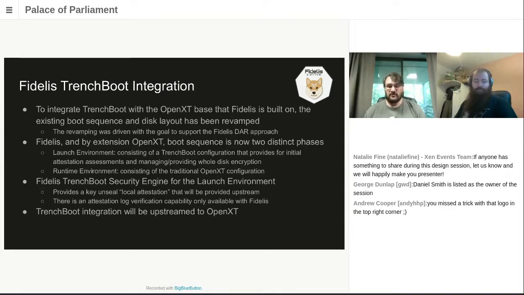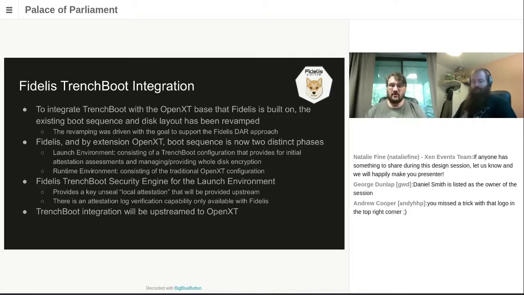Trenchboot has the concept of a security engine that is used for the launch environment. The security engine that we've introduced with Fidelis provides key unseal for a local attestation. And we have an extended capability that we're providing underneath supported Fidelis, which gives you an attestation log verification capability.